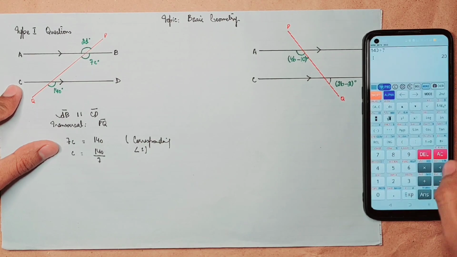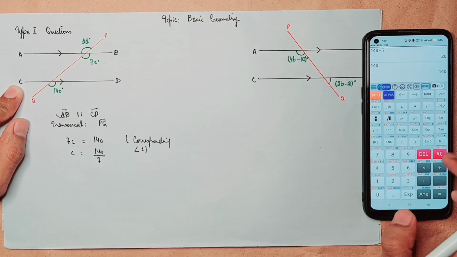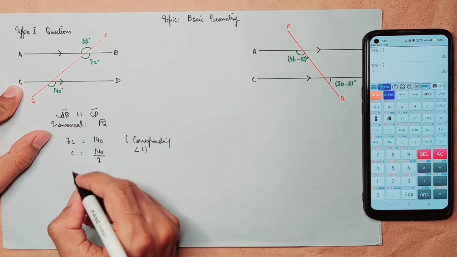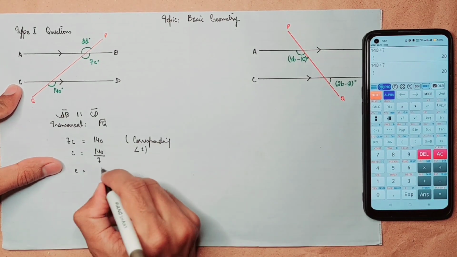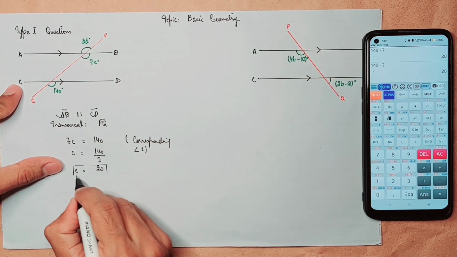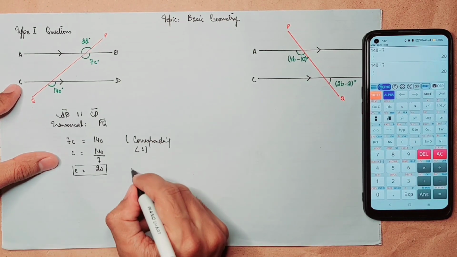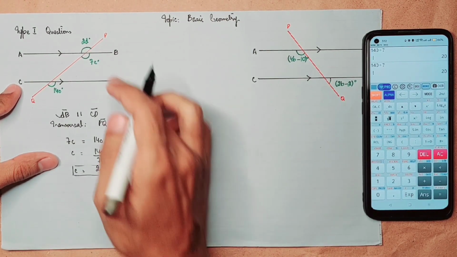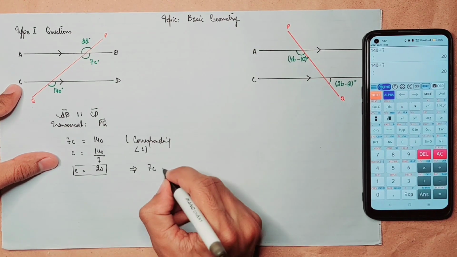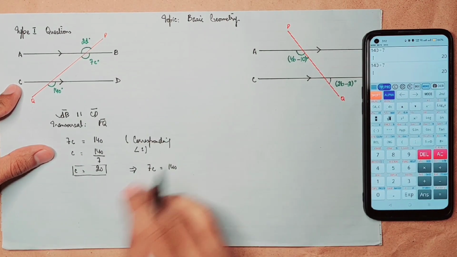So 140 divided by 7 gives me 20. So C is equal to 20. This is one of our unknown values that had to be calculated. If C is equal to 20, then 7C is equal to 140.